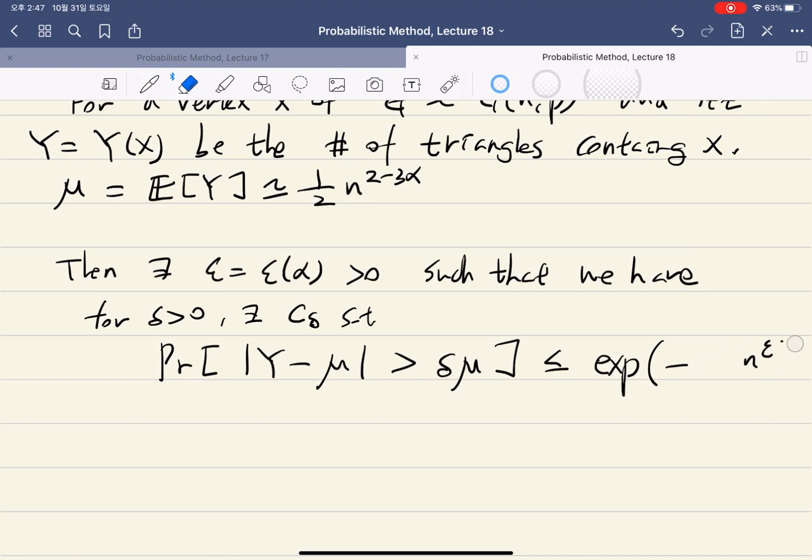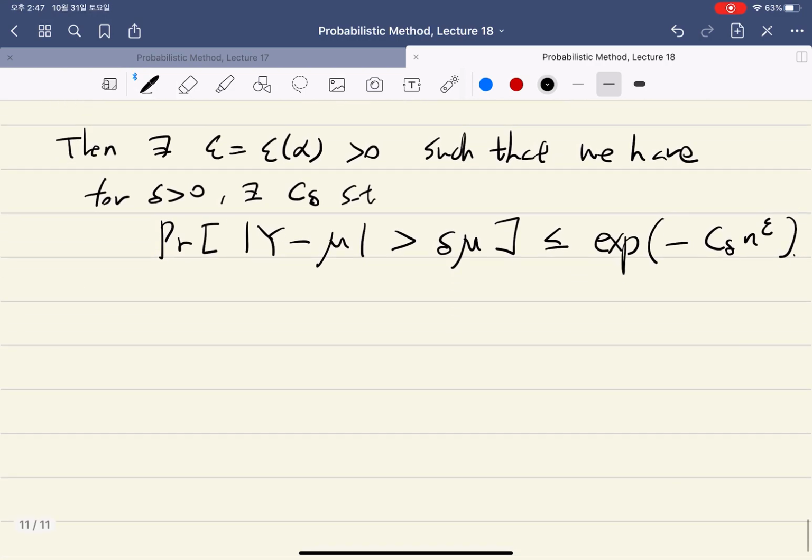Let's multiply C delta here. So this means that Y is concentrated around the mean with exponentially high probability, or one minus an exponentially small function.